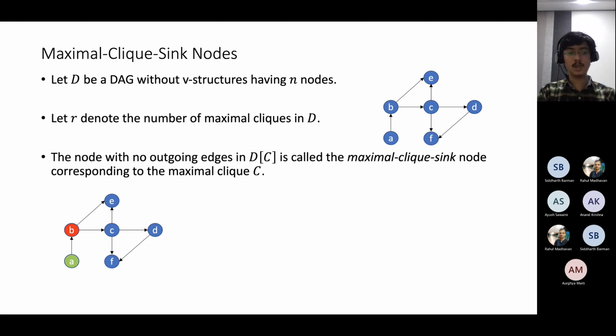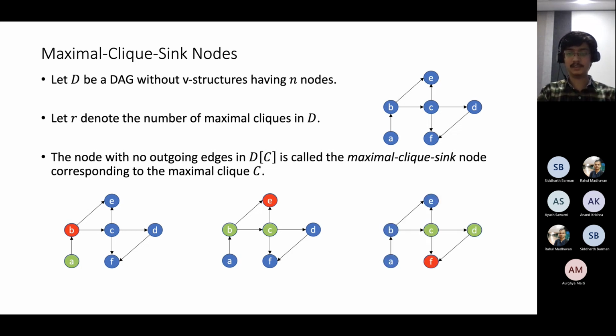Similarly, for the maximal clique BCE, E is the node with no outgoing edges in the induced subgraph, so it is the sink node corresponding to BCE. And similarly, F is the maximal clique sink node corresponding to CDF.